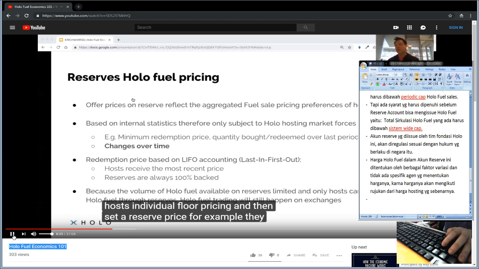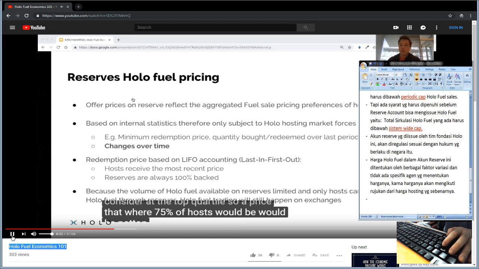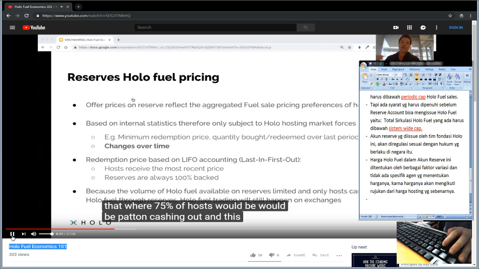For example, they could set it at the top quartile, so a price where 75% of hosts would be happy cashing out, and this price, of course, would refresh to take account of new data. And in addition, we may have additional feedback loops.